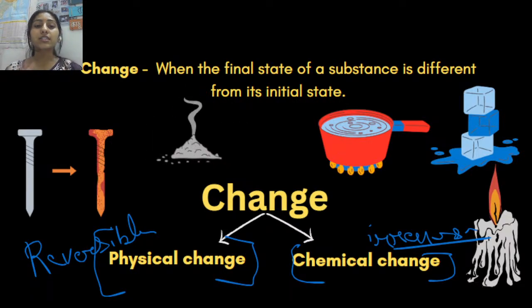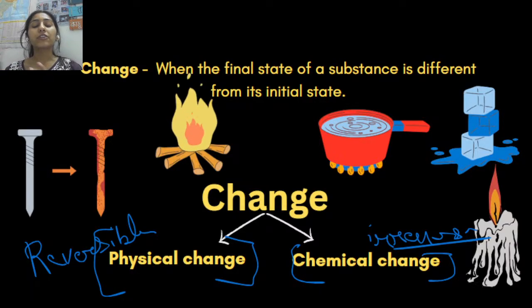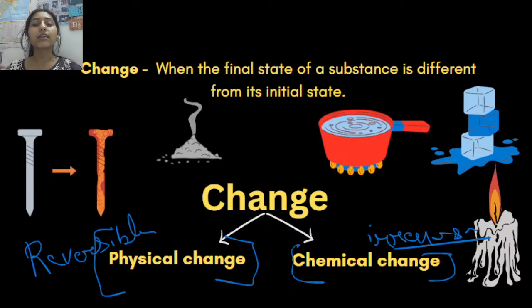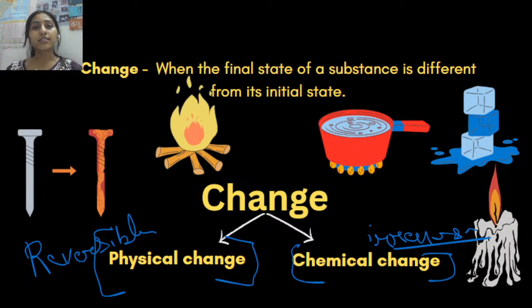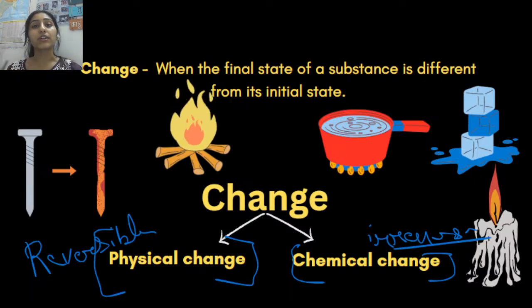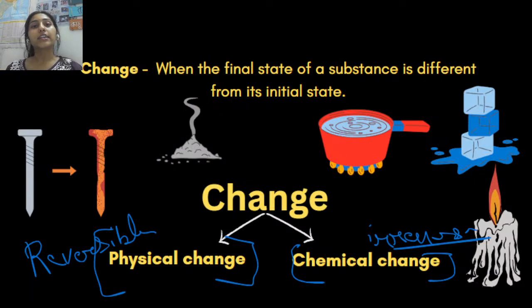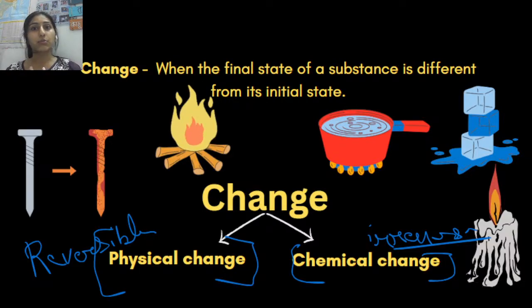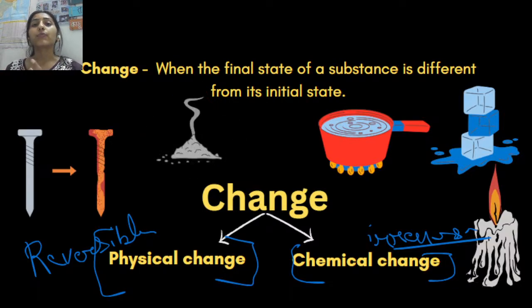When we are discussing the burning of a candle, a few chemical changes are taking place at that moment, because when it is burning, it results in the release of certain harmful gases like carbon dioxide, carbon monoxide, etc. These gases cannot go back.